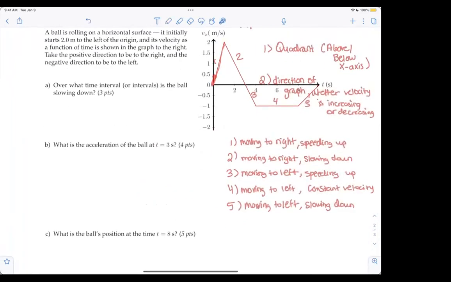So do each of those sections, those time intervals, make sense to everyone? All good?